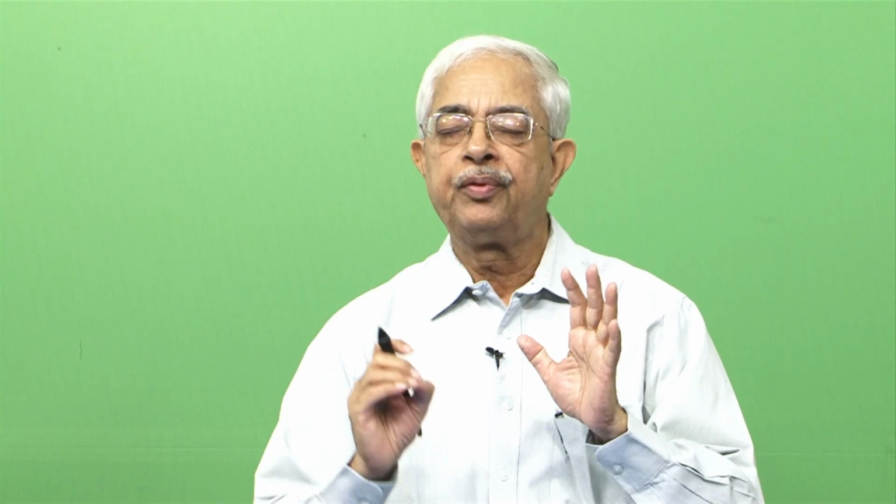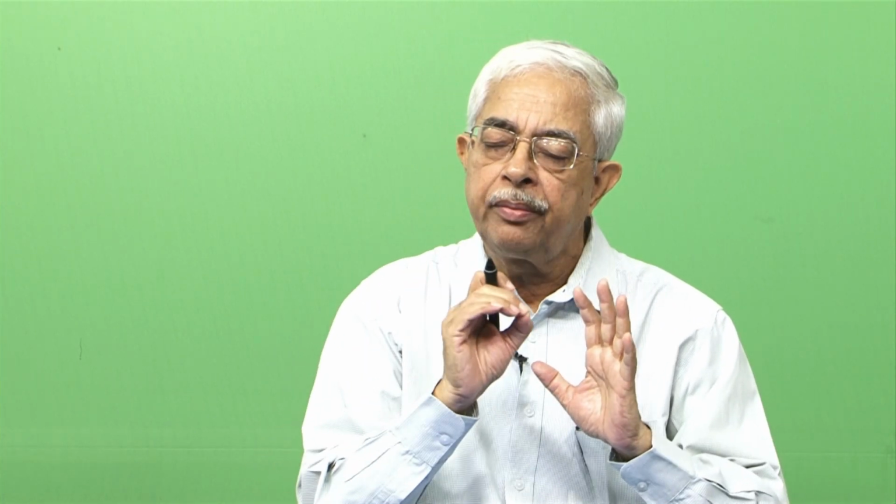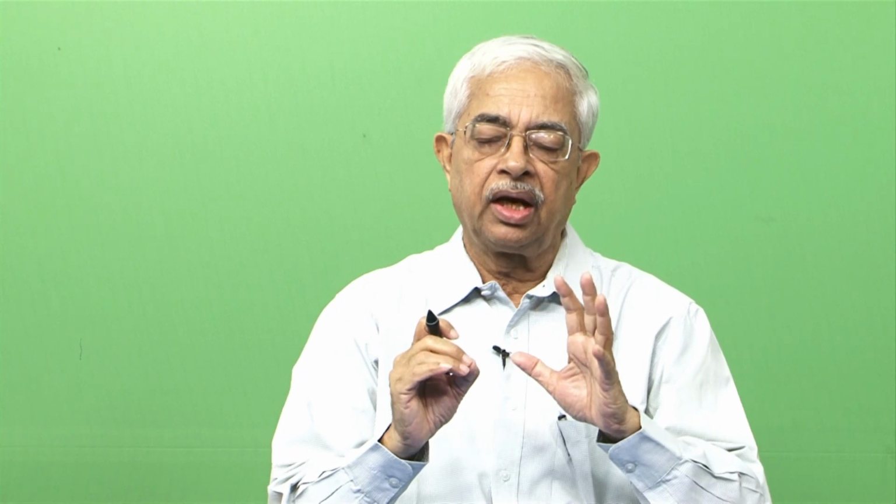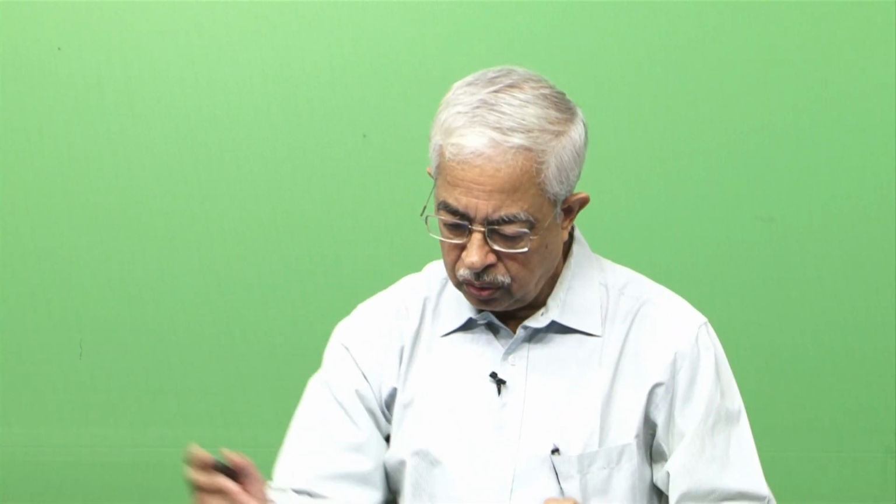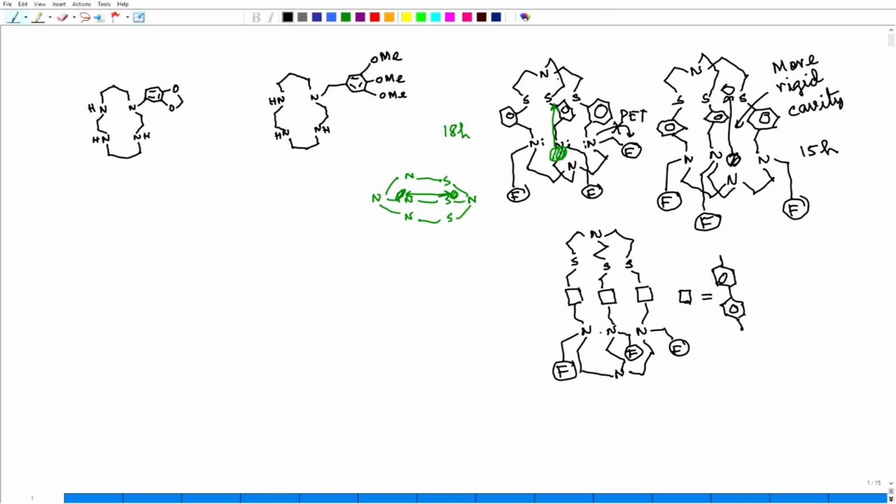If you put a metal ion in a hydrophobic space, then it will run away from it much faster. So, putting copper 2 here, it will go here, and come back here. How long does it take? From 18 hours or 15 hours, we come to minutes.